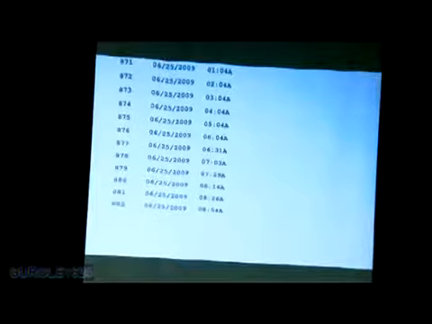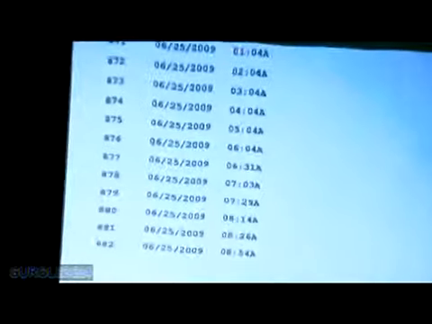Mr. Dixon, I'd like to turn your attention to the data usage for the period of June 25th, 2009. And first, we'll just focus on the third column that is depicted here on the screen.